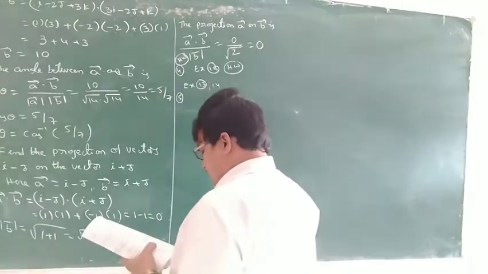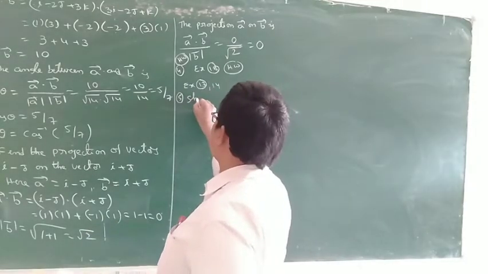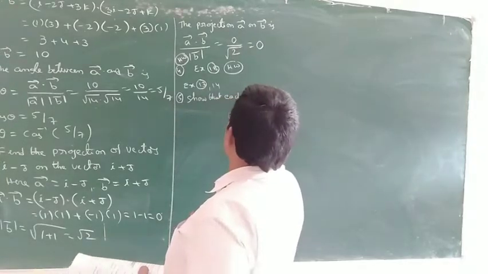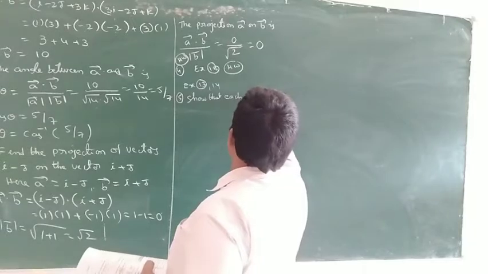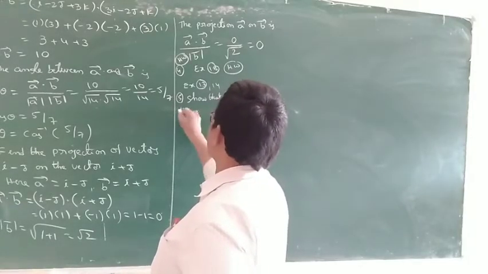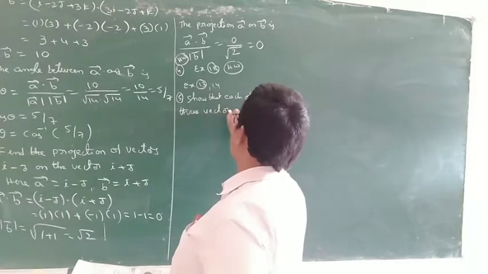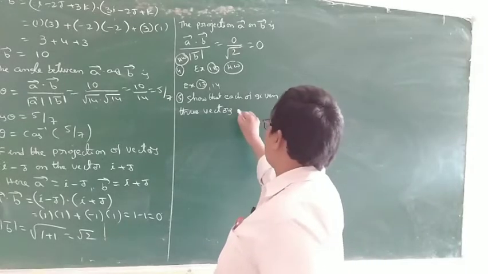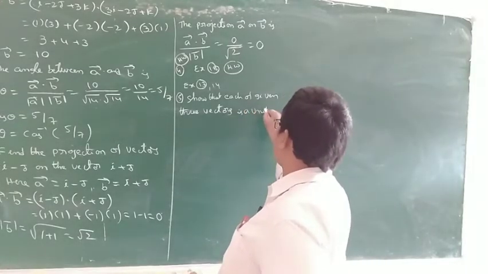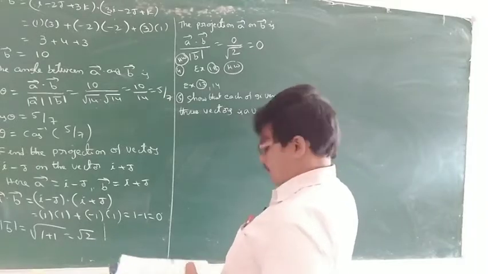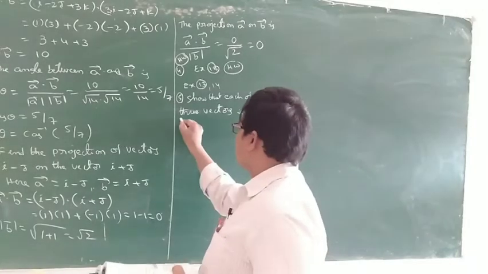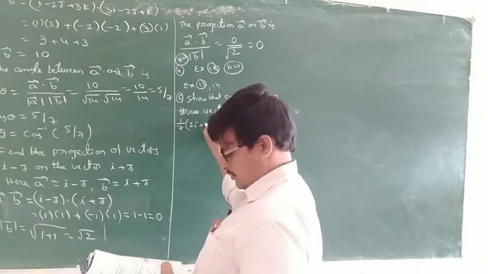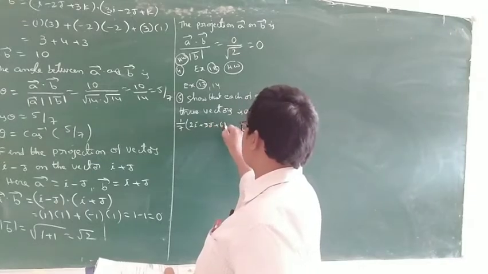Show that each of the given three vectors is a unit vector. What are they? 1 by 7 into 2i plus 3j plus 6k.